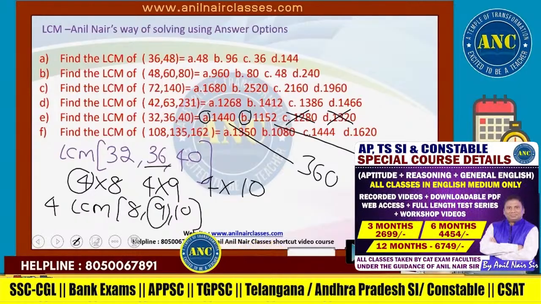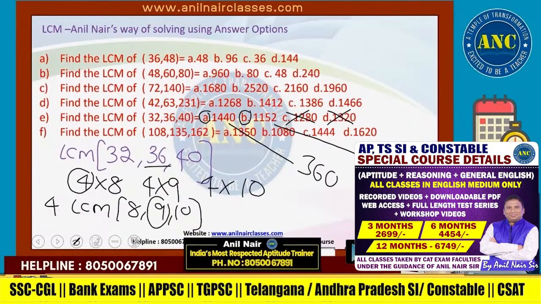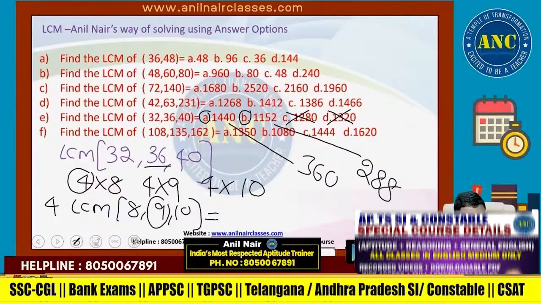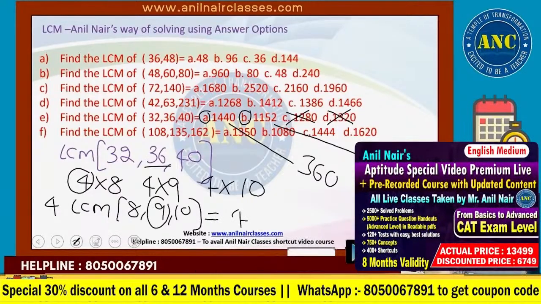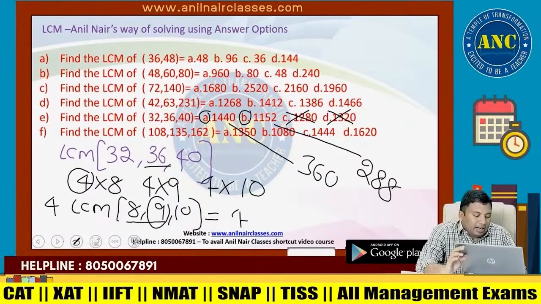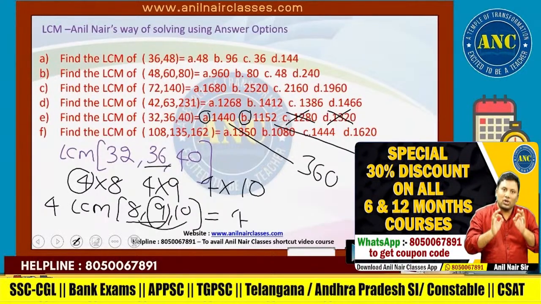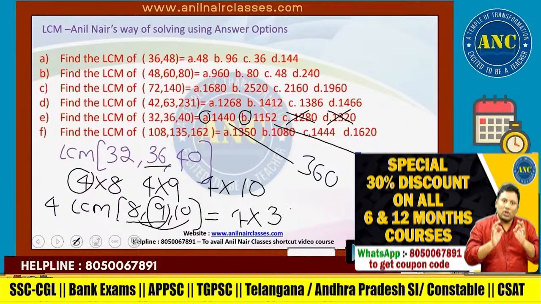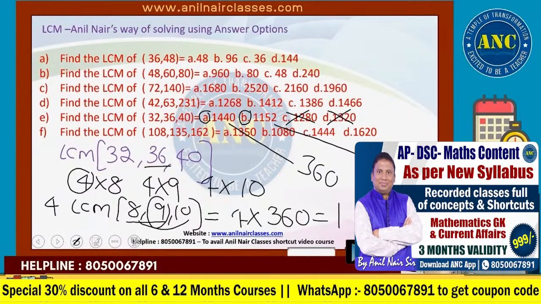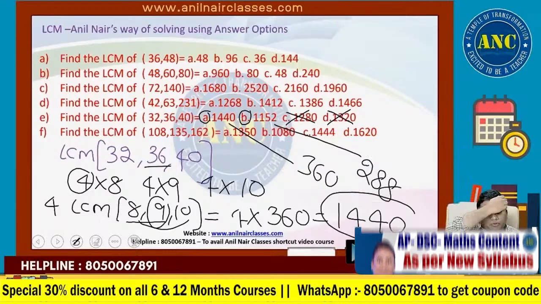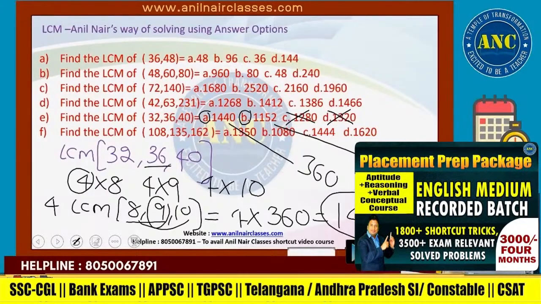Again digital sum is 9. Both are matching. Then what you have to do? 8 and 9 LCM is 72, and with 10 it is 360. 4 into 360 is 1440. Answer is 1440.